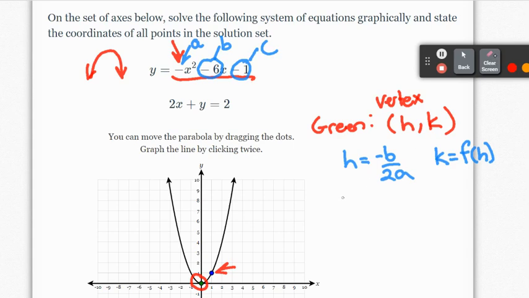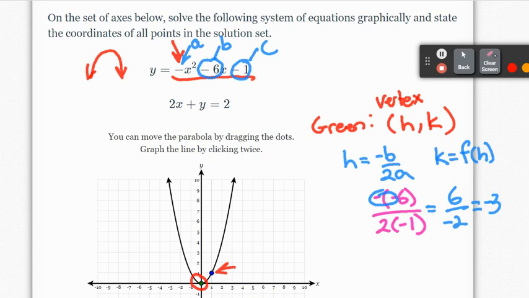We do negative b, so -6 divided by 2 times the a value, which is -1. So we got to be very careful. We got lots of negative signs happening. So I'm going to multiply the negative times the negative on the top, and that'll get me a +6 divided by -2. If I reduce, that'll get me -3.